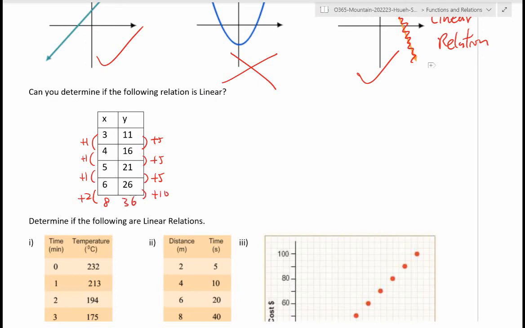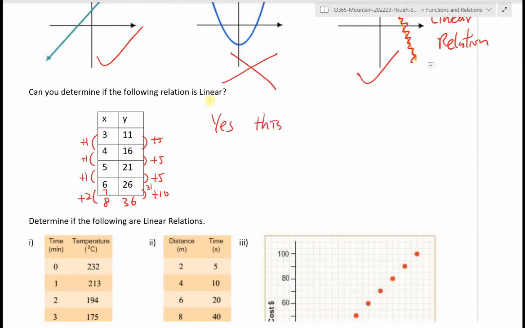If this was 36, then yes, it would still be linear, because when you double the pattern for x, you also double the pattern for y. Technically, I can put a 7 there, then it's plus 1 and plus 1, twice. And that means I can put 31 here, which means you plus 5 twice. So the pattern is actually still consistent, and yes, this is still linear.